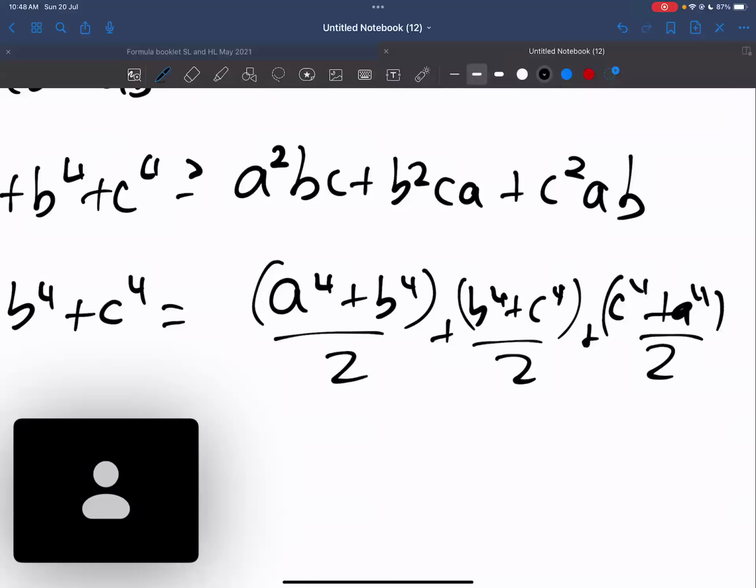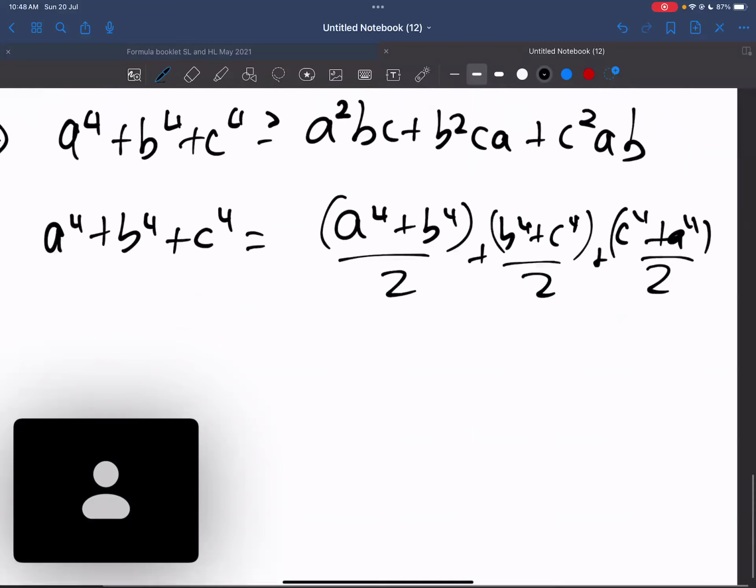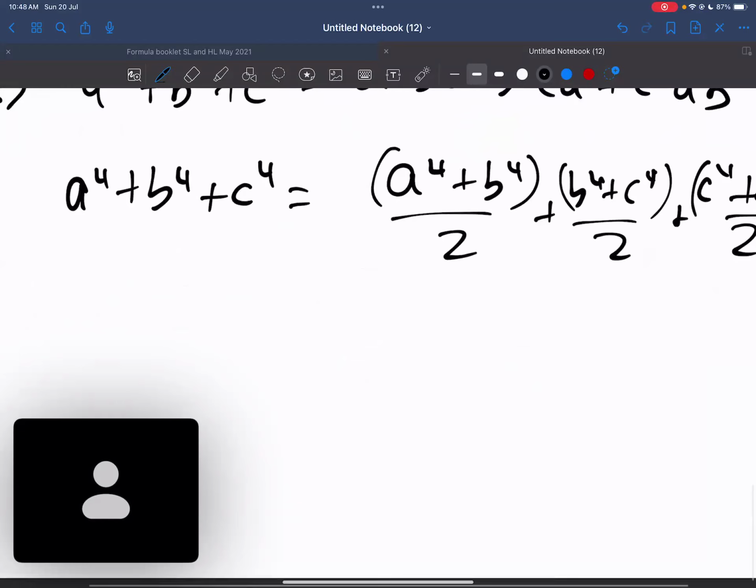Right? Because each one's repeated twice, but we're dividing it by 2. So if we use AMGM on this, then what do we get?